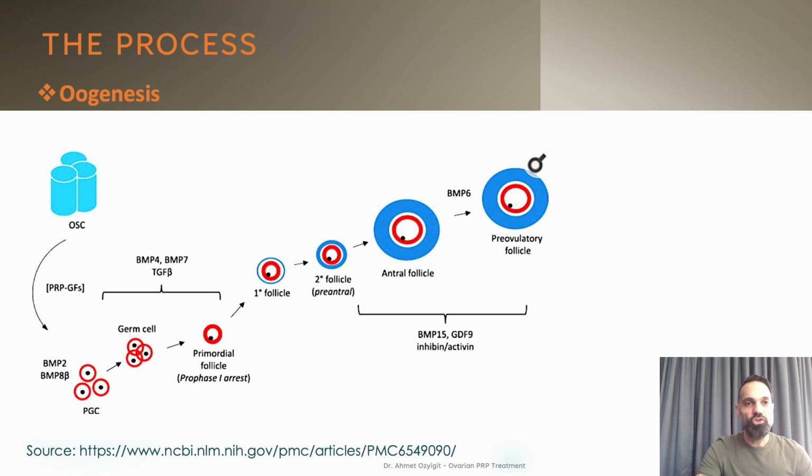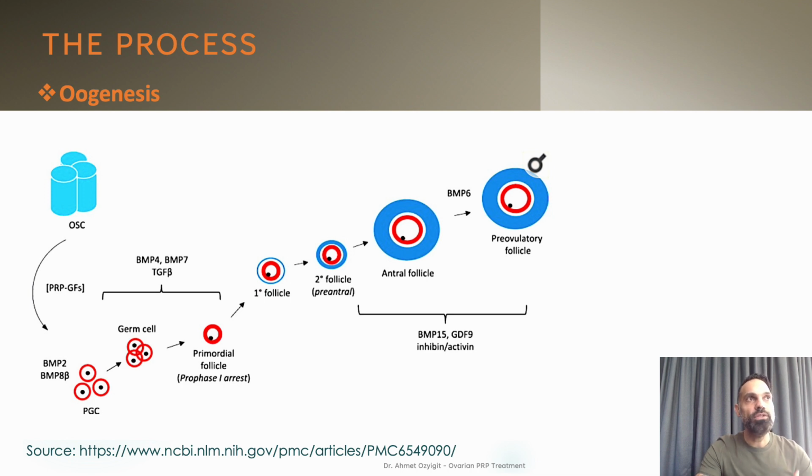In terms of oogenesis, we need to be careful with what to expect from the PRP, because PRP aims to recruit dormant stem cells or the primordial follicles, more so with the primordial follicles.